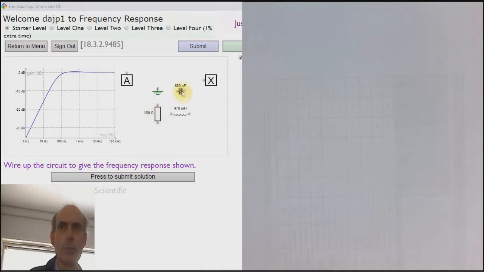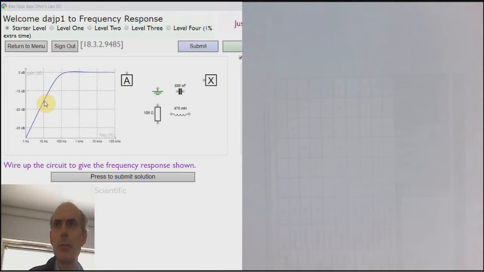We've got a resistor, a capacitor, and an inductor to play around with. Okay, first thing to do is to work out how many zeros there are at 0 Hertz. And remember that a single zero or a single pole introduces an effect of 20 dBs per decade. So we'll look at low frequencies here, and we'll note that at 1 Hertz, the attenuation is about, say, minus 35 dB, something like that.